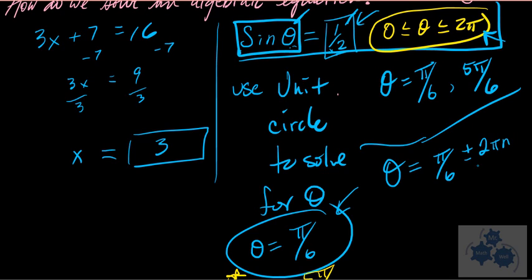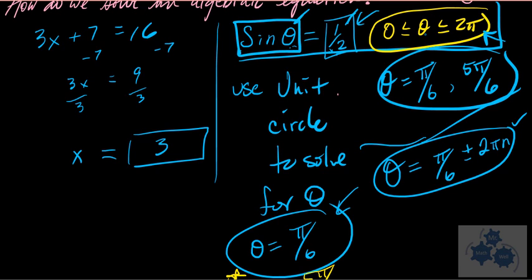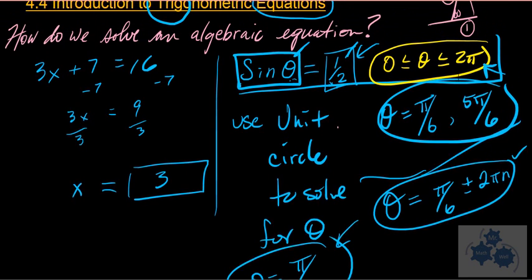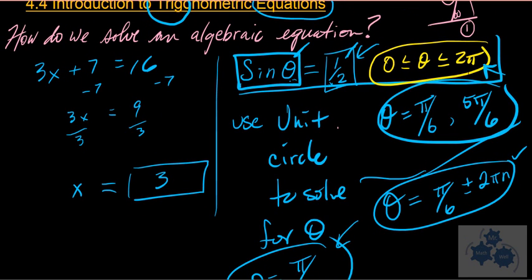I don't know if they do the minus because n could be an integer, but pi over 6 plus or minus 2 pi n, I would be fine with that. And in 4.1, yeah, they say plus or minus 2 pi n. N is just natural numbers, whatever. Okay, so that's the general solution. Here are your specific solutions for this given domain. So that's basically this section, really.